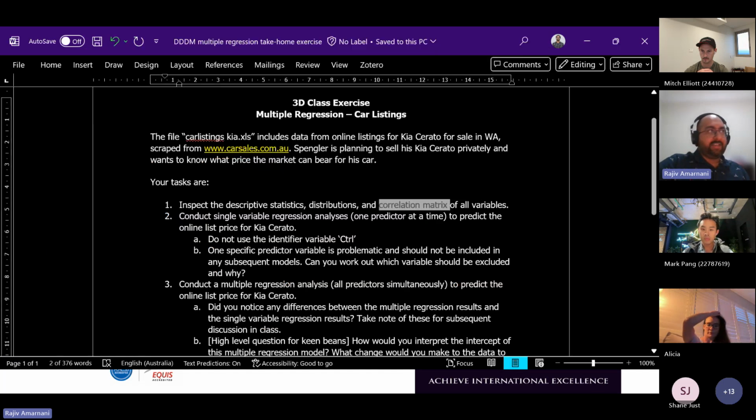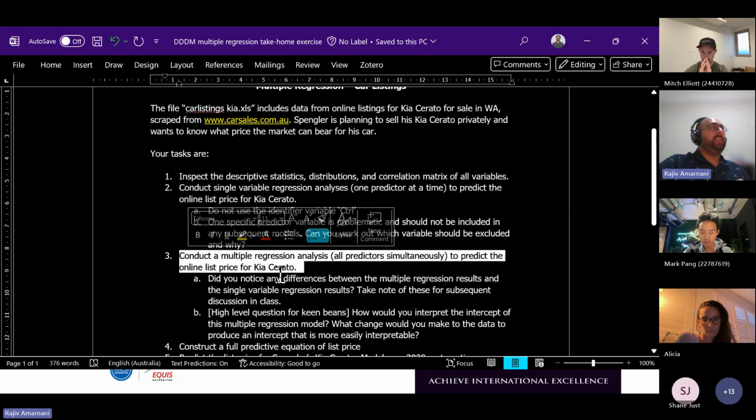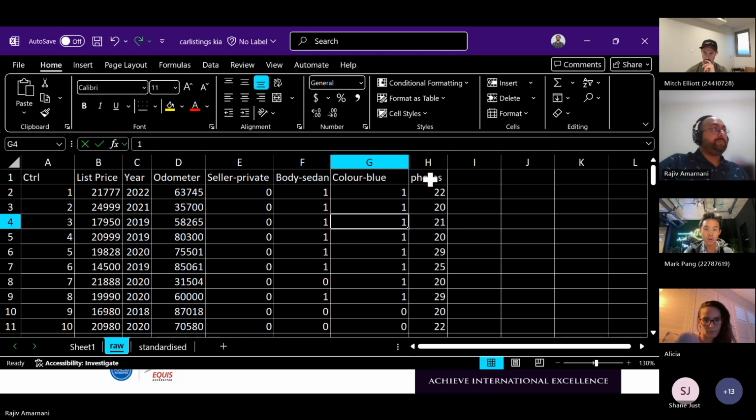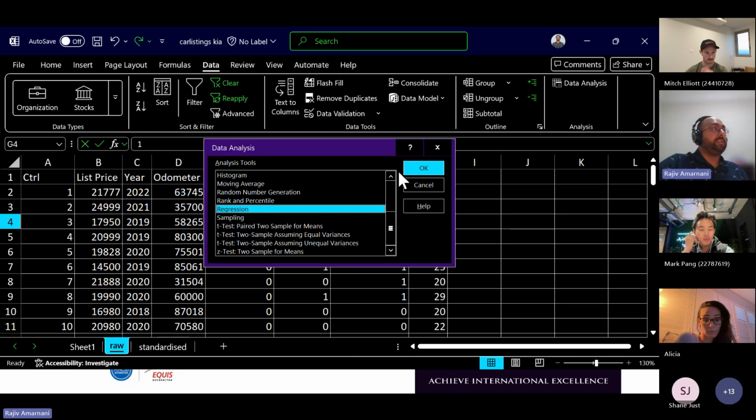Now that we've done that, moving on to the rest of the project, we can run single variable regression analyses one at a time. You can do this on your own if you want. But let's just go with the multiple regression, all predictors at once. So let's go to step 3. Let's run our multiple regression now. So let's go to regression.